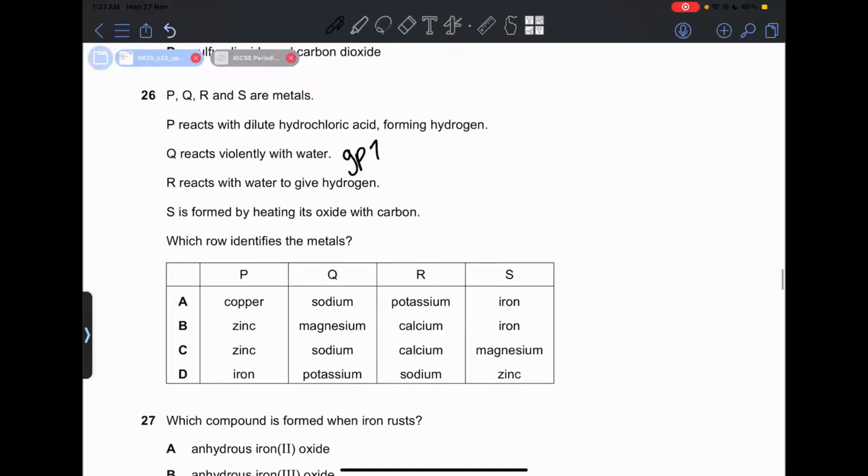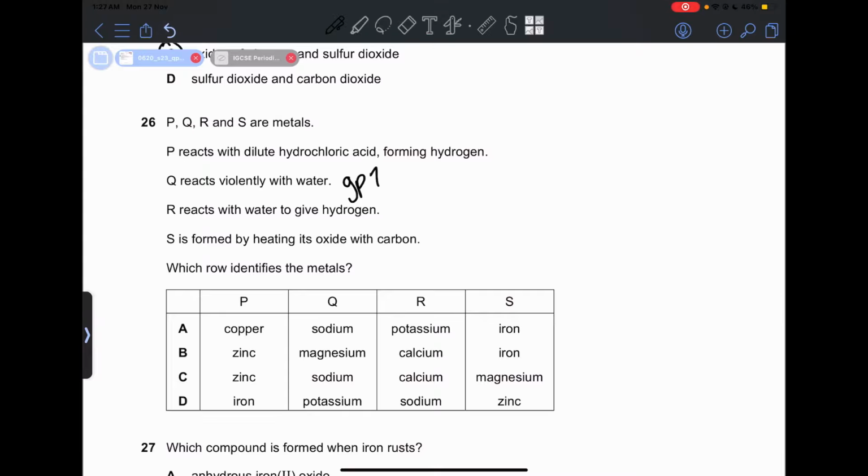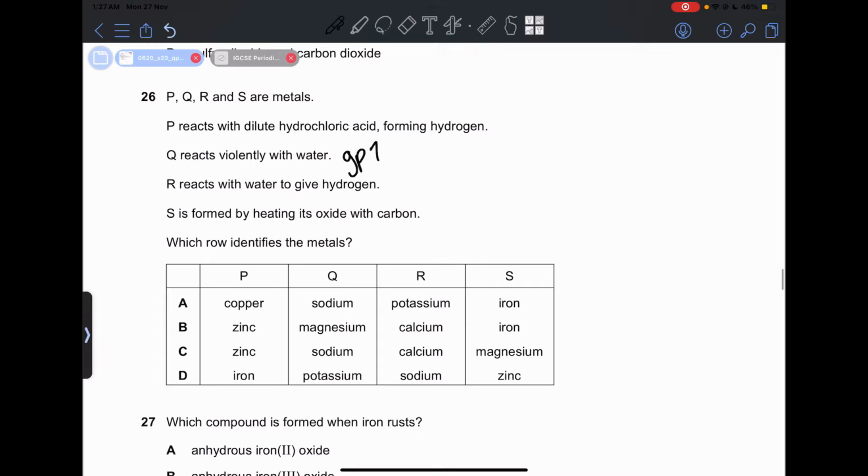P says that it reacts with dilute hydrochloric acid, forming hydrogen. This is actually going to be a metal, which is iron or zinc, and R reacts with water to give hydrogen. This is actually going to be something again from group 1, and S is formed by heating its oxide with carbon. So far we have potassium for Q, and P is either zinc or iron, and R is a group 1 metal.